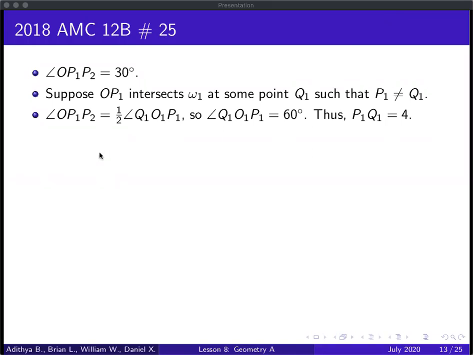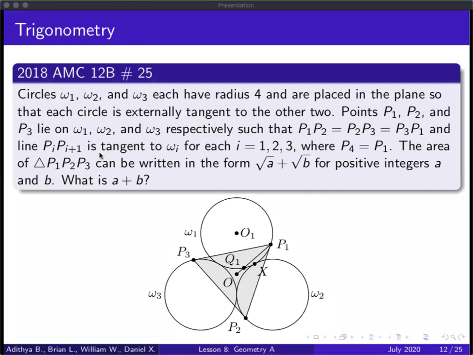And since the radius of all three of those circles was 4, this just means that P1, Q1, O1 is just an equilateral triangle with side length 4. O1 is the center of omega 1 here.